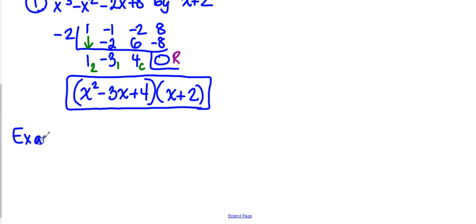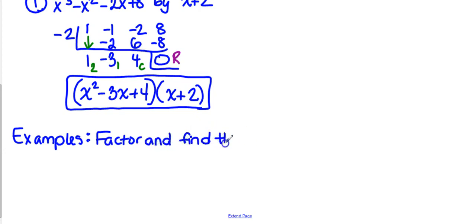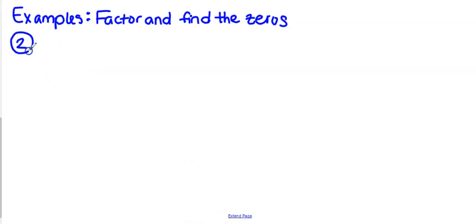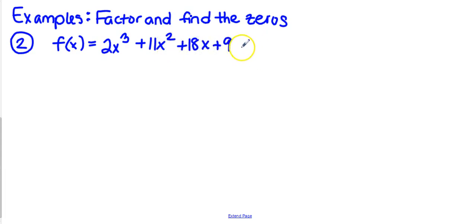So examples: factor and find all zeros. f of x equals 2x cubed plus 11x squared plus 18x plus 9, given that f of negative 3 equals 0.